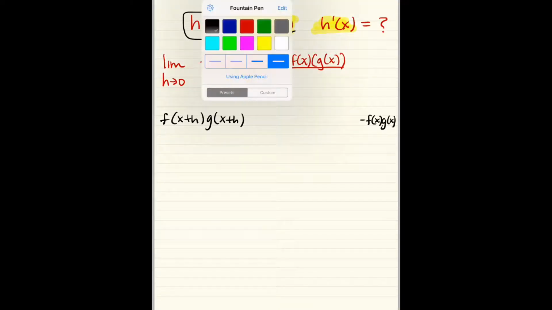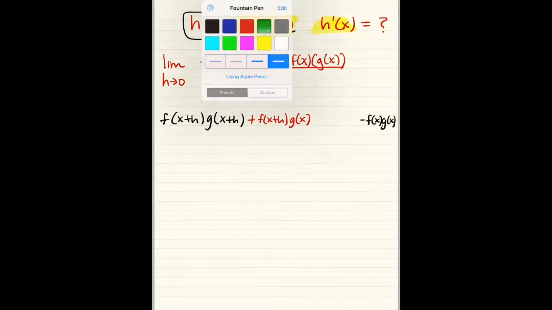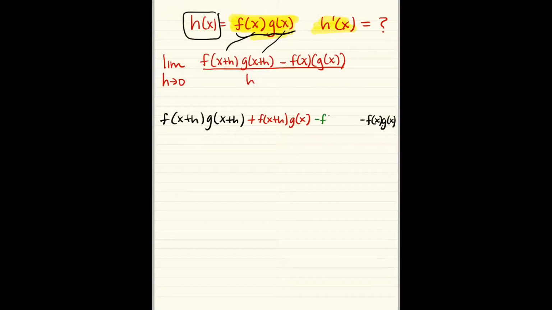So I'm going to add f of x plus h times g of x, and then I'm going to take that away, which means I never changed the problem. Plus something and minus something is 0. So all of this is obviously divided by h.